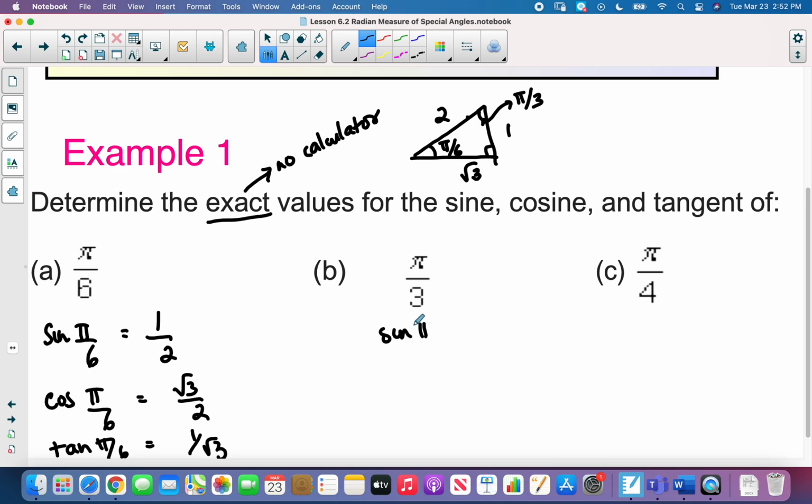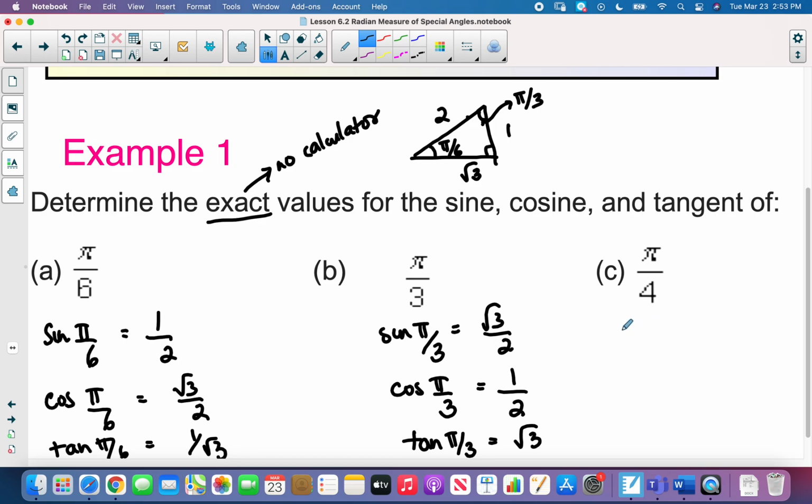Sine of pi over 3 is opposite side over hypotenuse, which is root 3 over 2. Cosine of pi over 3, well, pi over 3's adjacent side is 1 divided by hypotenuse, which is 2. And tan of pi over 3 is opposite over adjacent, so it's root 3 over 1, which is root 3.